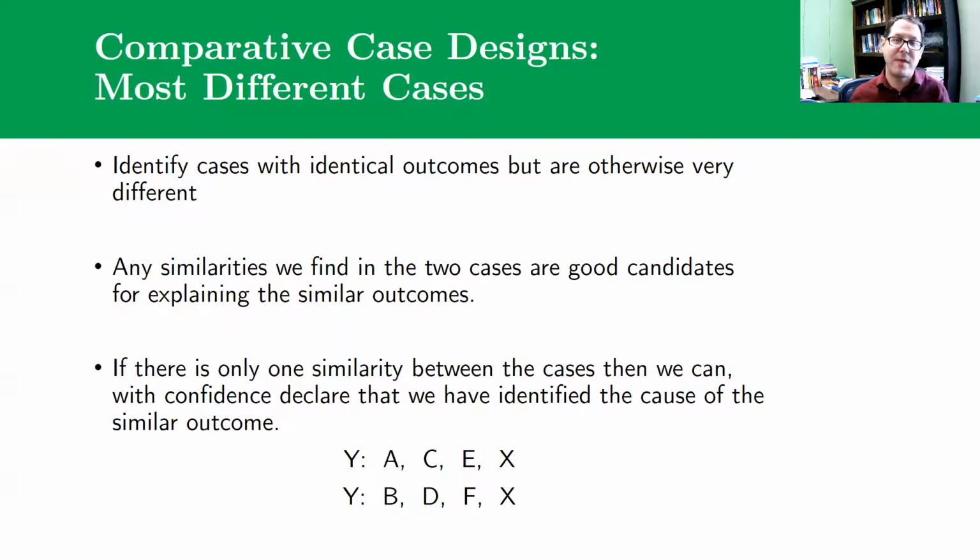And that can't explain why they have the same outcome. You start working through all the possible explanations for what could be leading these cases to the same outcome until you find one thing that's in common. And that one thing in common is the thing that must be driving the common outcome, because it couldn't be anything else, right? There's too much variation. They're too divergent in those different ways.